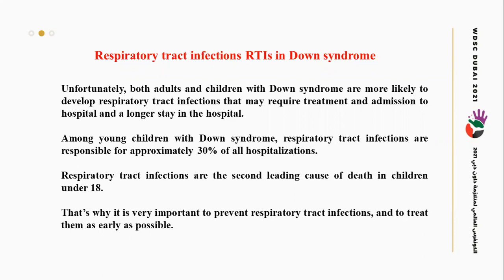Respiratory tract infections are the second leading cause of death in children under 18 years, not only Down syndrome children, in all children in general. That's why it's very important to prevent respiratory tract infections and to treat these infections as early as possible.